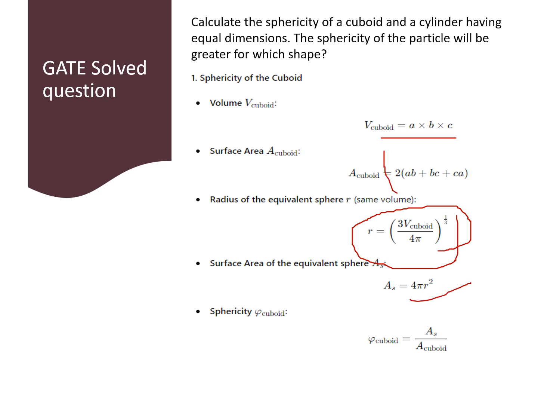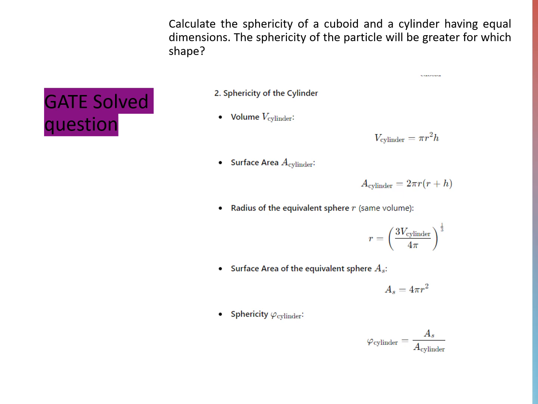Also, with the dimensions we can calculate the actual surface area and therefore take the ratio, and we can find the sphericity. Similarly for the cylinder, I have given you the surface area and volume formula, to equate and find it, and then the spherical body.